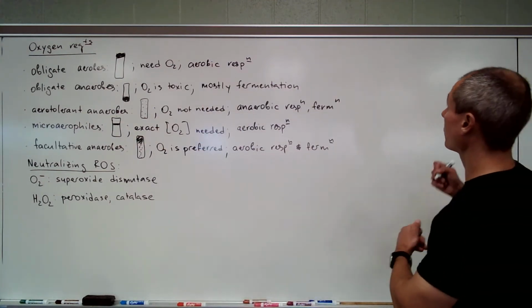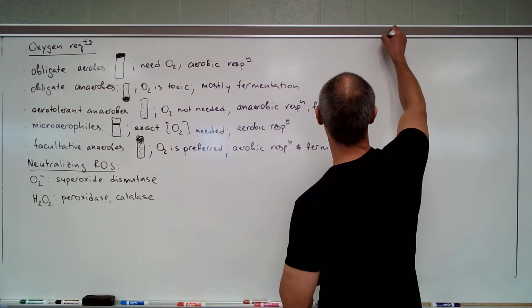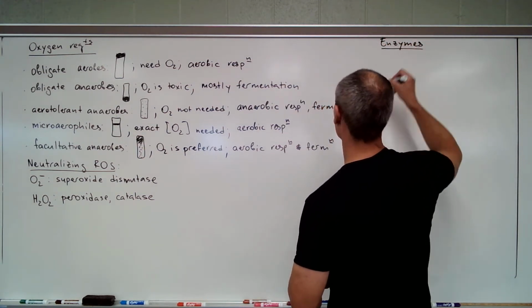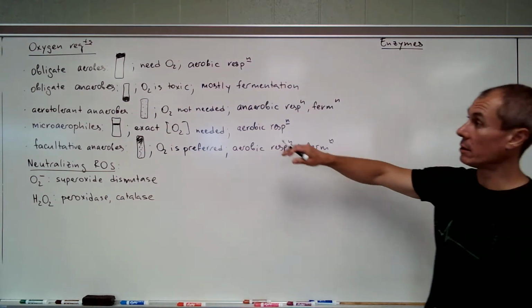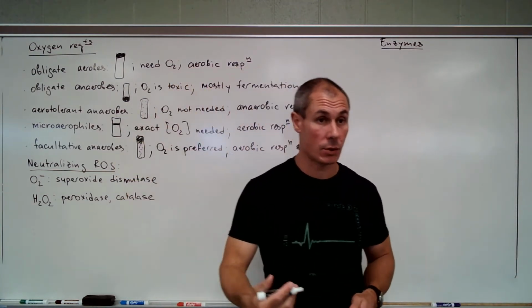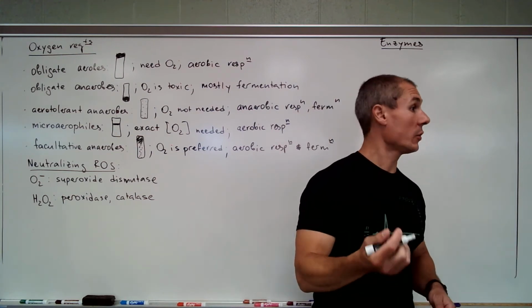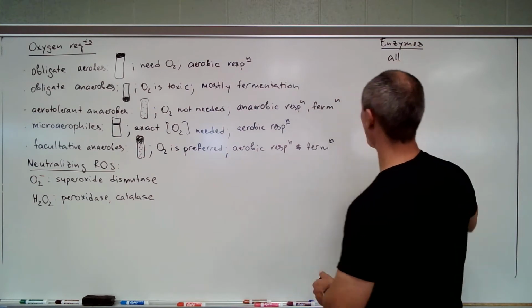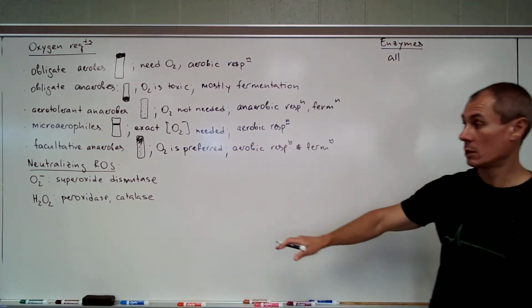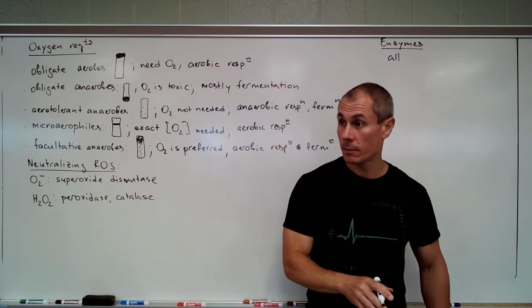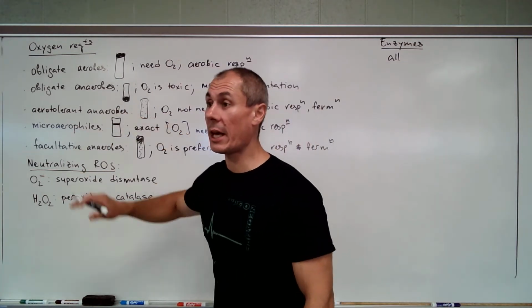Now look at this. So enzymes. Obligate aerobes. Are they exposed to oxygen? Yes. Do they respire? Yes. So these guys usually have all 3 enzymes. 1, 2, 3. You with me? Obligate anaerobes.